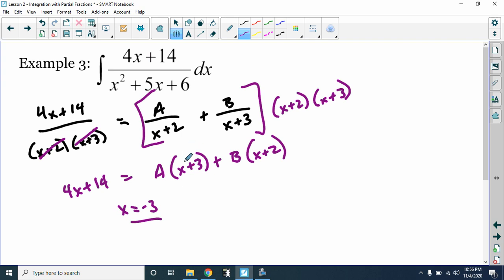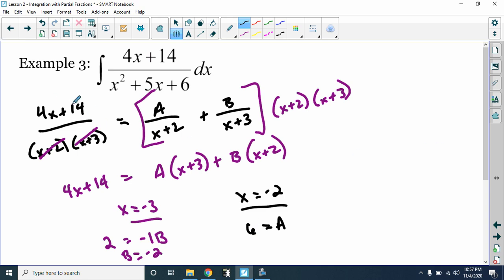So if I plug in -3, this part becomes 0. I get -1B equals -12 plus 14. B is -2. And then if I choose x equals -2, because that makes this 0, I get 1A equals -8 plus 14.